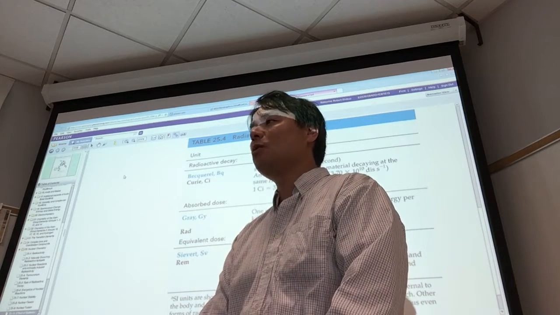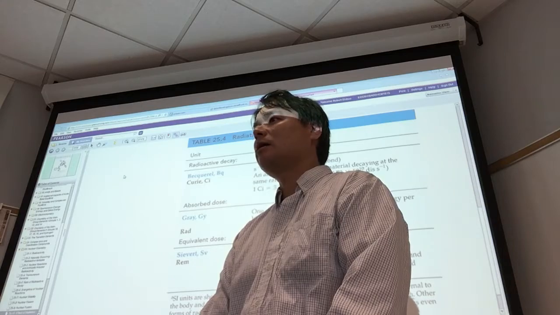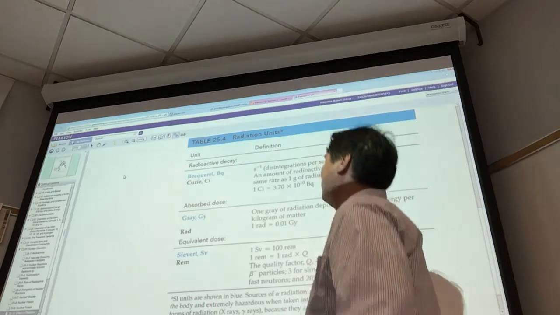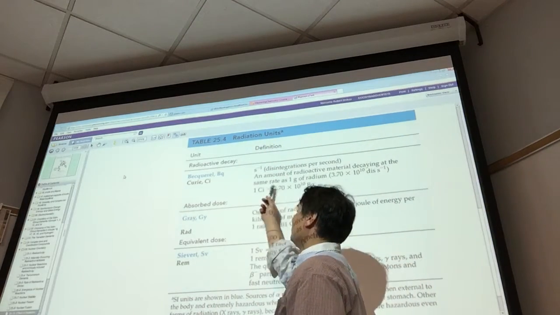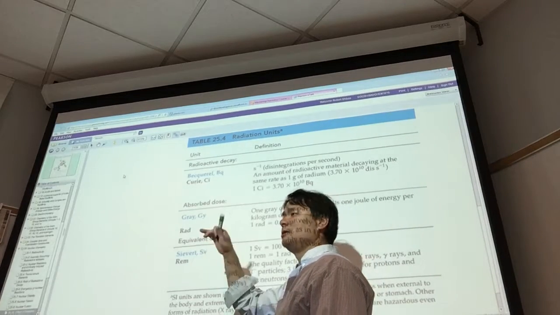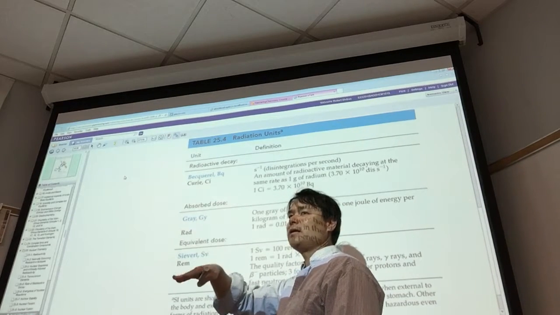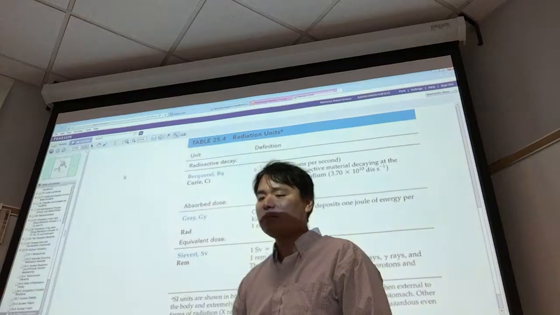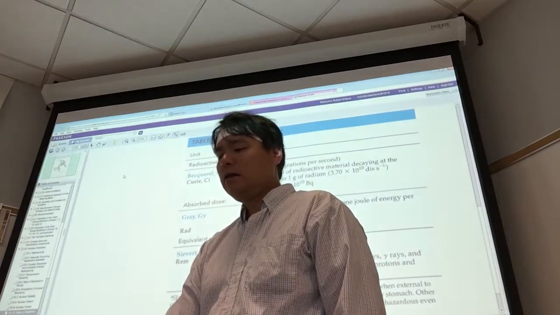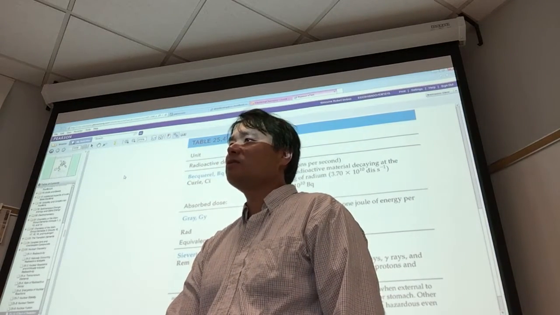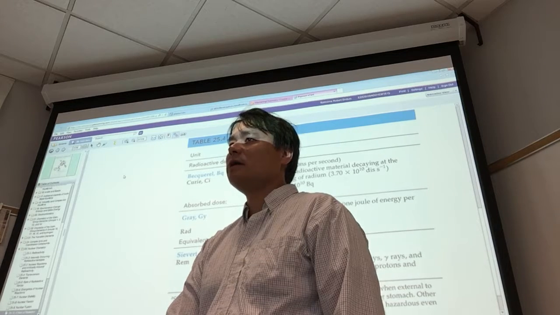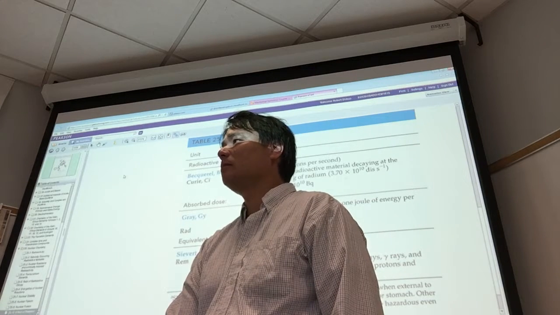The gamma is much more energetic. And so if you're looking at 1,000 becquerels of each of those, then the number of rads will be totally different. Even though it's 1,000 becquerels the same, the rads that you get from gamma radiation versus the rads you get from X-rays will be significantly different.